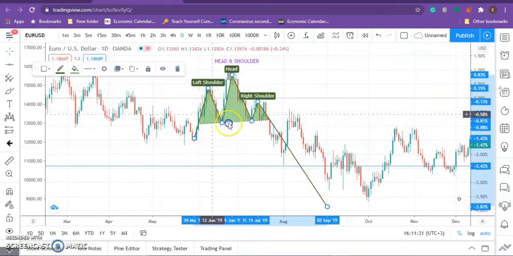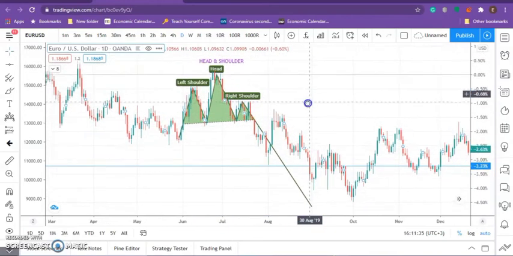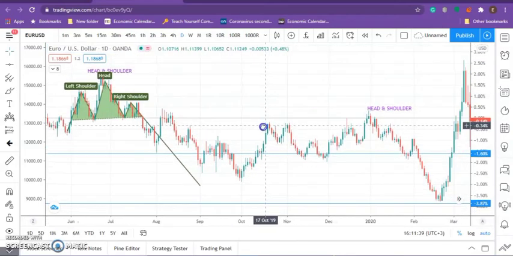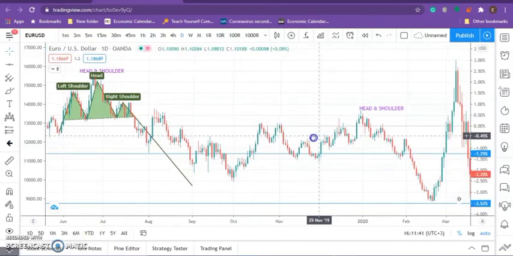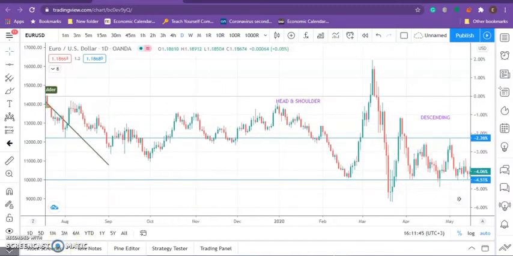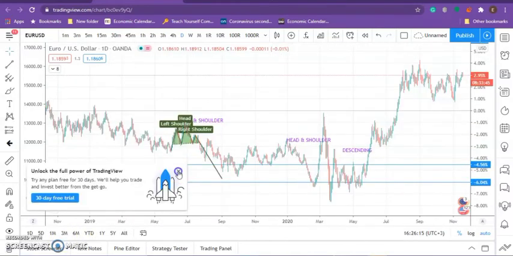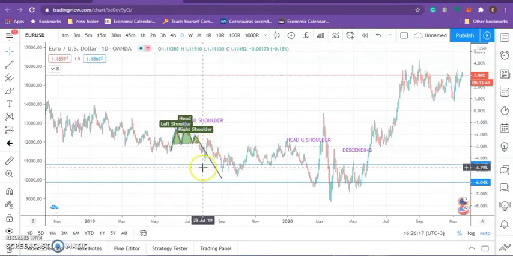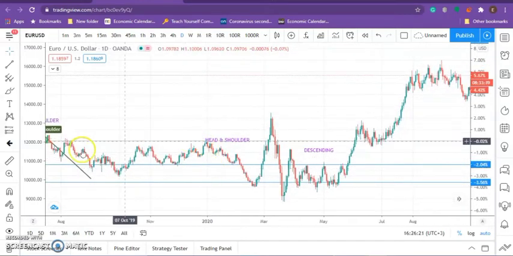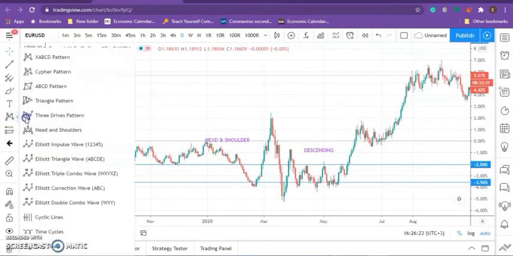As we said, this type of pattern brings the markets to a bearish sentiment. As we continue with our patterns, there is also a good head and shoulder here.